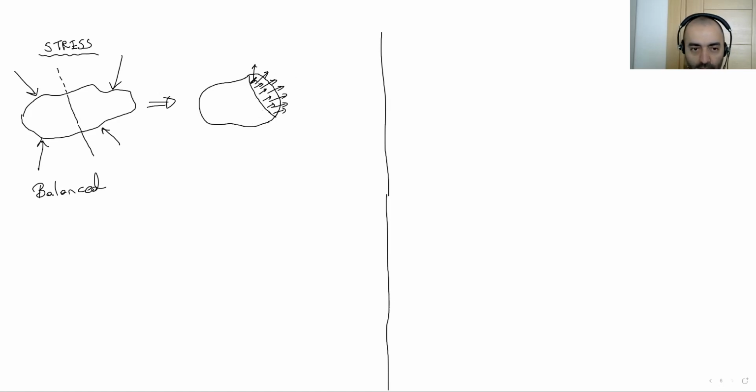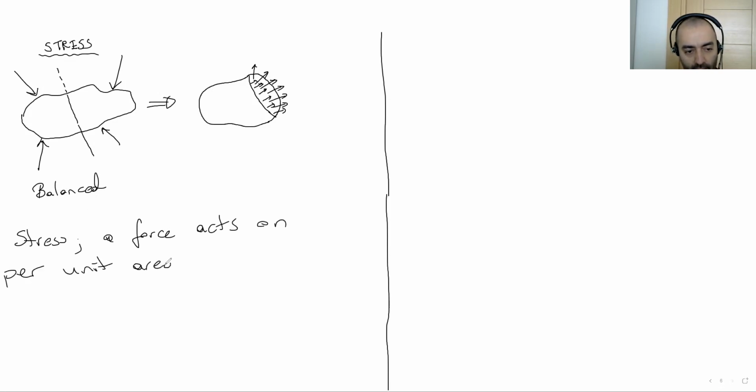We call these forces on the section stress, or the better definition: stress is force acting per unit area.